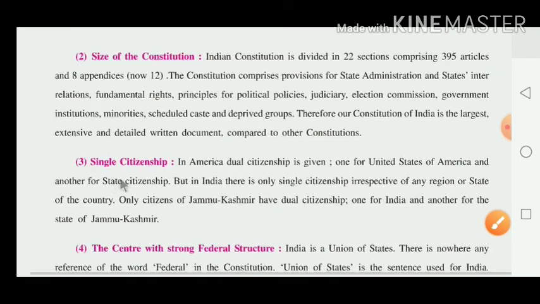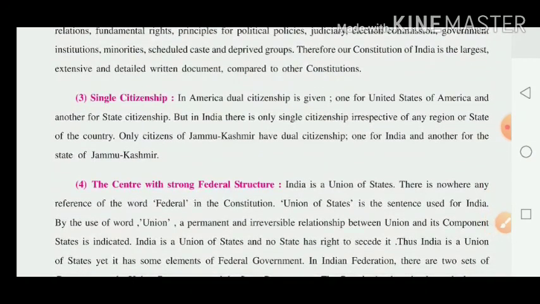Next, the third one is single citizenship. Which one? Single citizenship. In America dual citizenship is given. Dear children, be careful. You know very well that dual citizenship means you have two citizenships: one for the state where you are living, and second the citizenship of your nation.